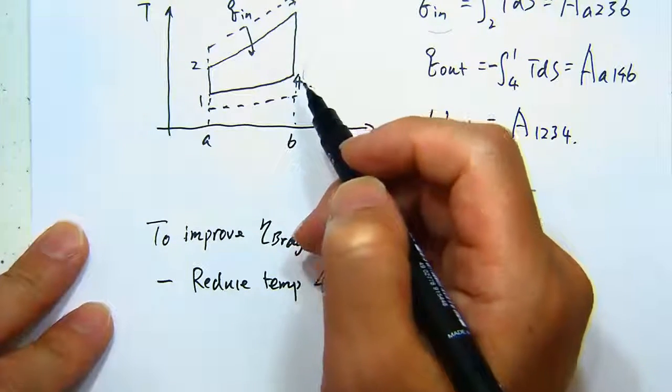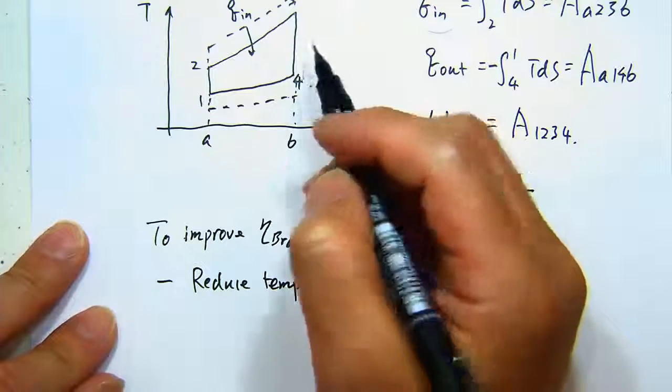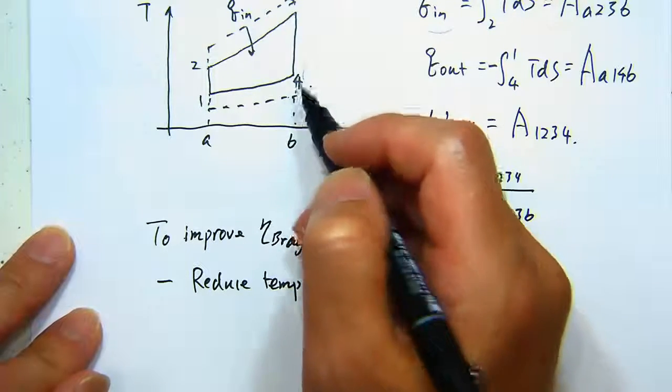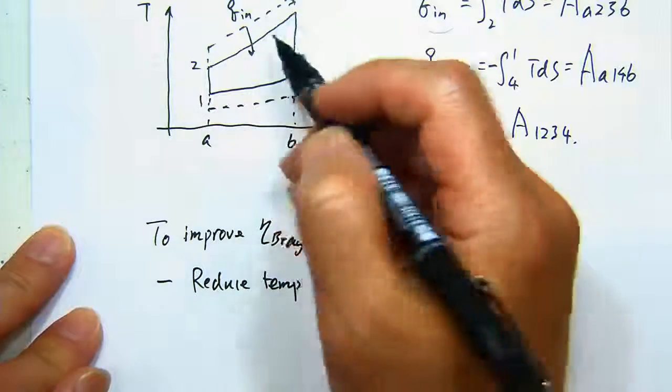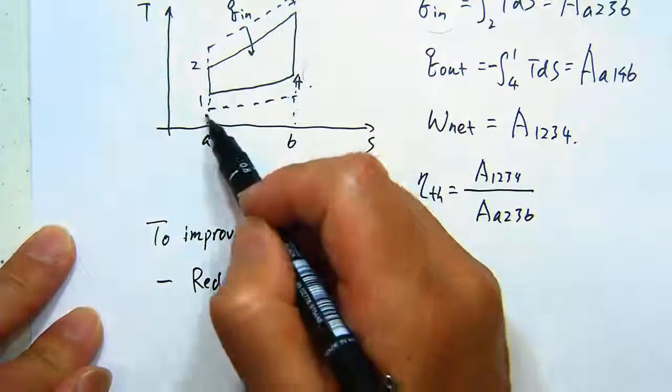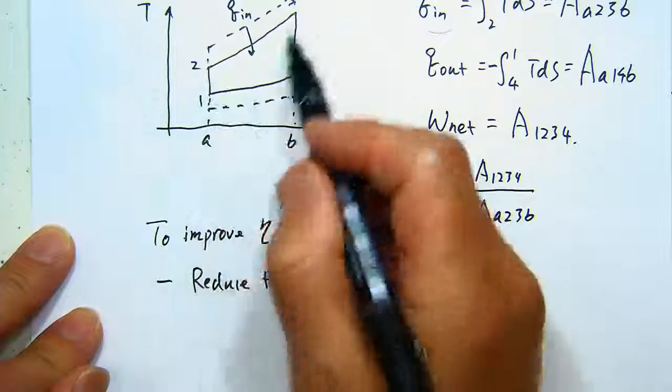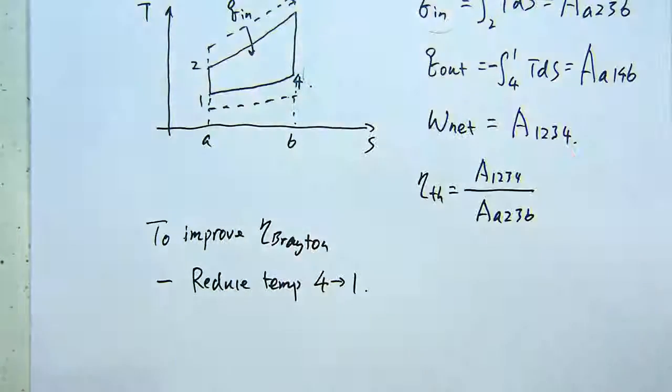Pressure drop. Yeah, the pressure will be lower. As I said, this is a constant pressure line, again a constant pressure line. This lower line corresponds to lower pressure. So, can you change the pressure of the ambient? Not really, right? If a gas turbine is running on the ground to produce electricity, you cannot change the ambient.